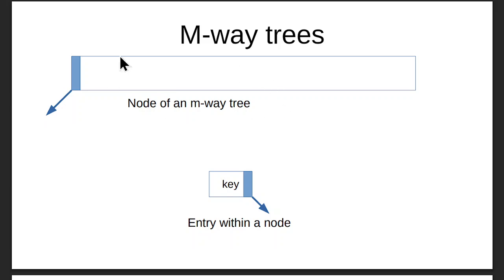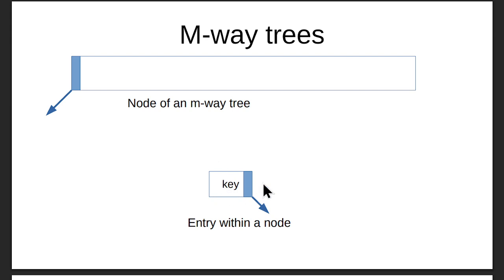So we have the main node which has a left pointer, and then within this node we have an entry node which has a key value and then the right pointer. If it is a 4-way tree, then we have 3 such key values in this node.